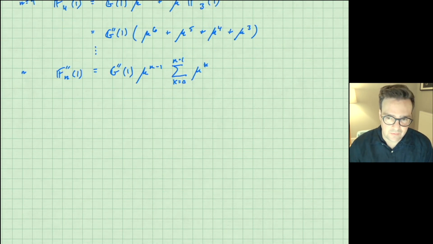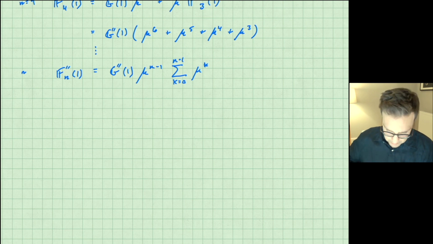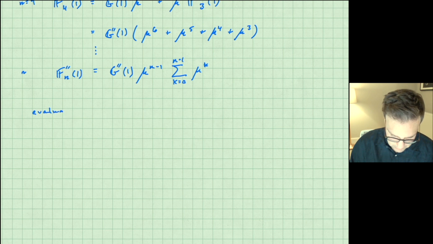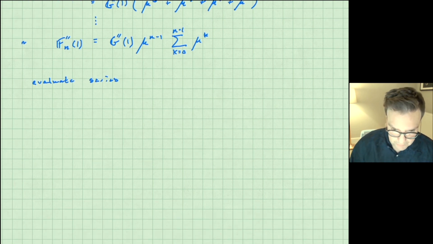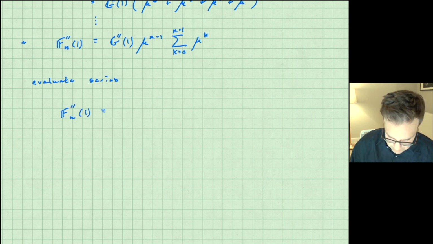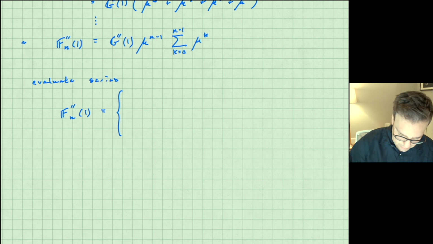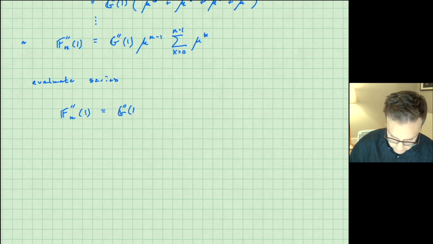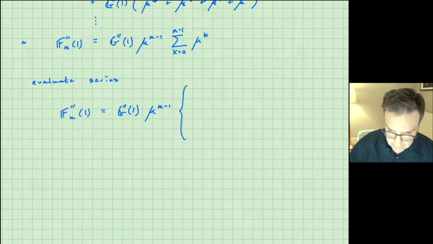So this is, once again, a series that you should be able to evaluate. I'm just going to evaluate the series, and you can write the result as follows. You get 2 different results. Then we're just going to stop for today, and we'll finish the proof in the next lecture. So it's g double prime of 1 times mu to the n minus 1, multiplying these 2 different results.